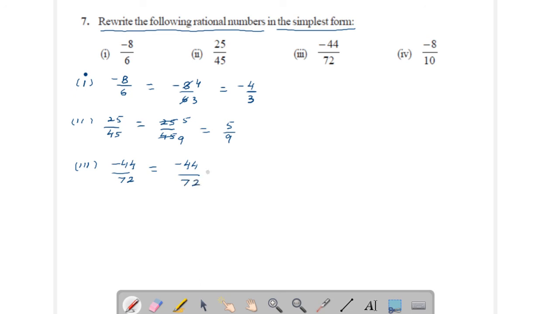Simplify it, divide by 4. 4 elevens are 44, 4 eighteens are 72. It can be written as minus 11 upon 18. Your answer.